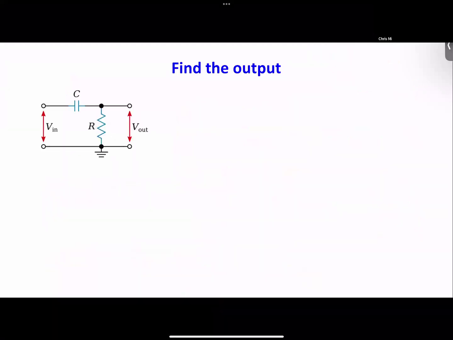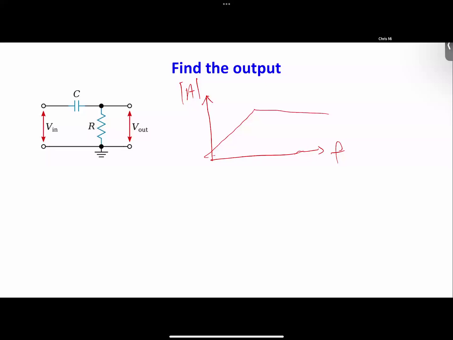I'm not going to go through the steps to derive it, but in this case, what you get is this. Usually we're talking about the amplitude. So at a low frequency, for example if it's DC, what do you get? 0.